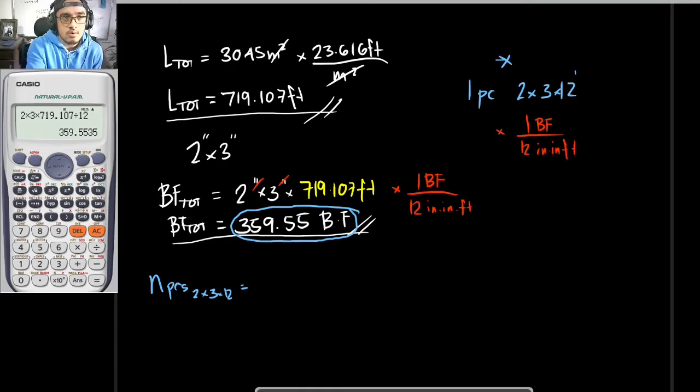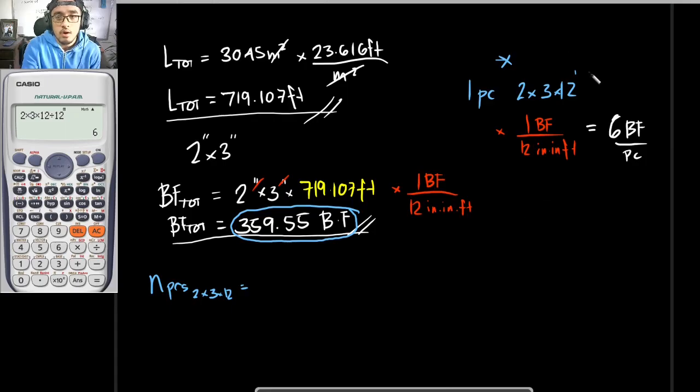So that is equal to 2 by 3 by 12 divided by 12, which is 6. So 6 board foot per piece. What this implies is that every one piece of 2 by 3 by 12 has a volume of 6 board foot. So from that, we would be dividing the total by this volume for us to get the number of pieces of 2 by 3 by 12.